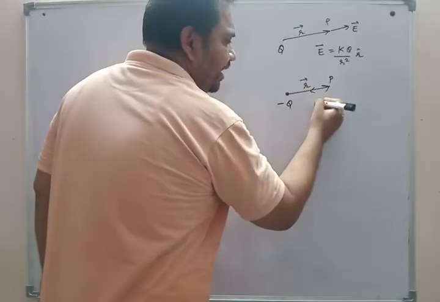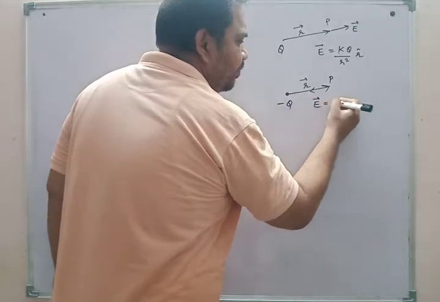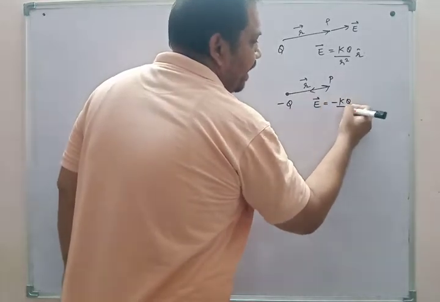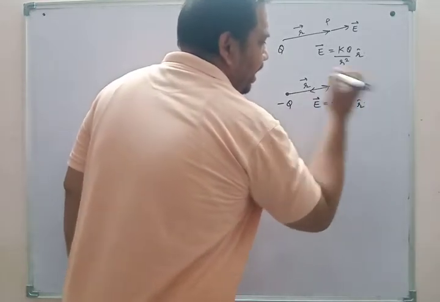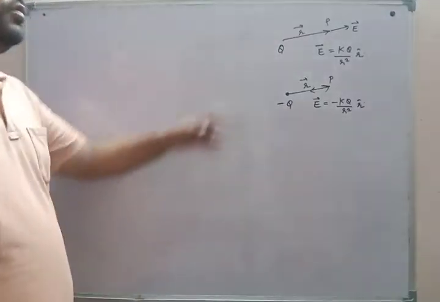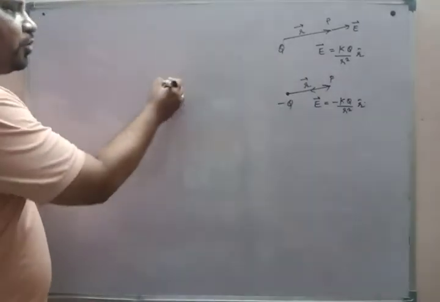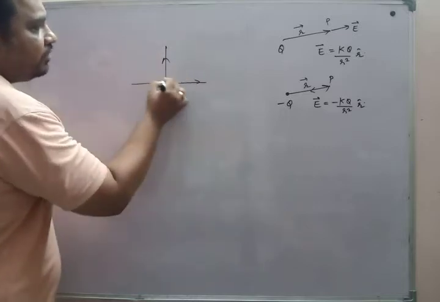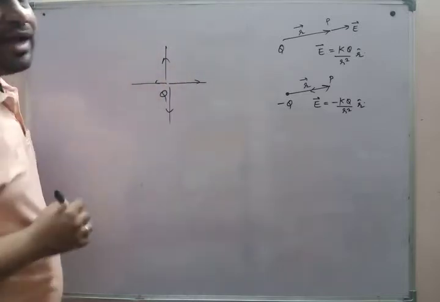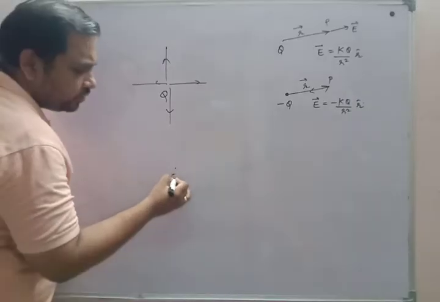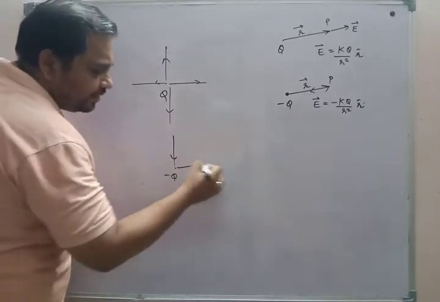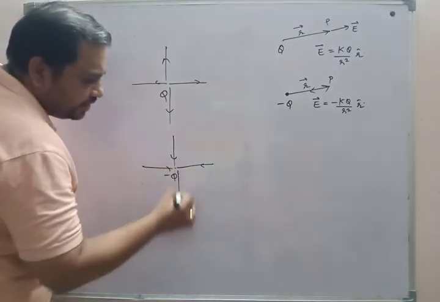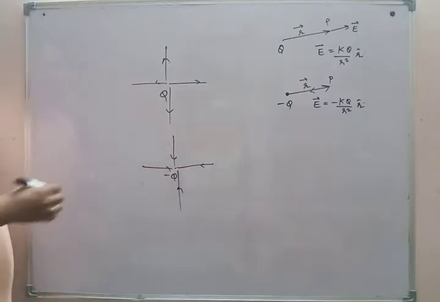Then the electric field at this point is minus kq by r square r cap. So we already know that due to positive charge q, electric field is always radially outward, and due to negative charge minus q, electric field is radially inward.